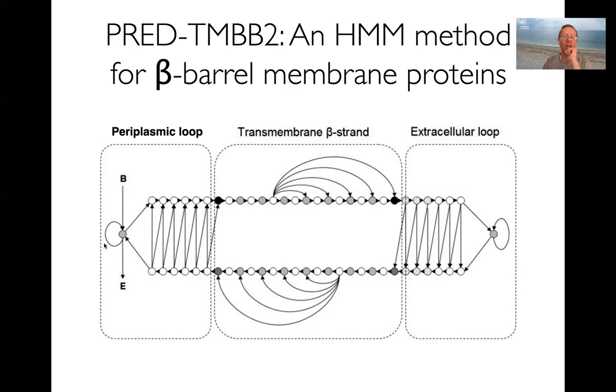The same on the inside, and then you have globular states that loop back to themselves here. And so same procedure, you collect as many examples as you can, you train on them to get all the parameters, and then that's your predictor. These are not quite so good in terms of performance as the helix bundle predictors, though.